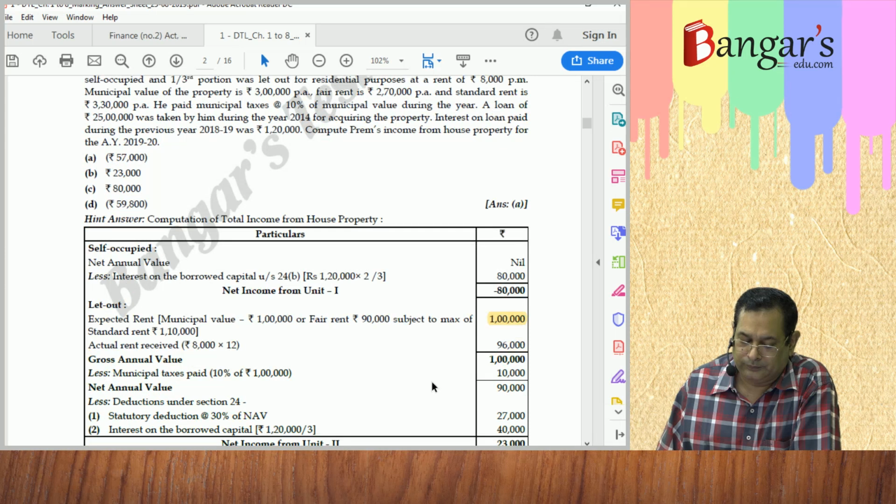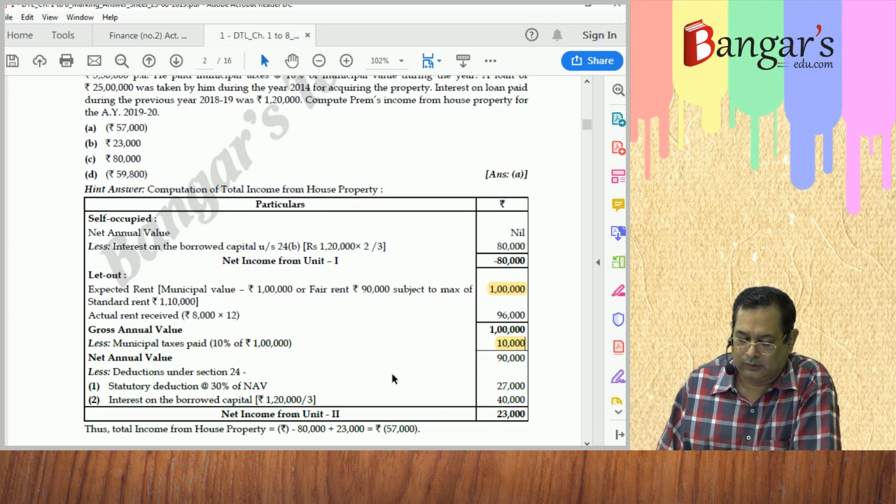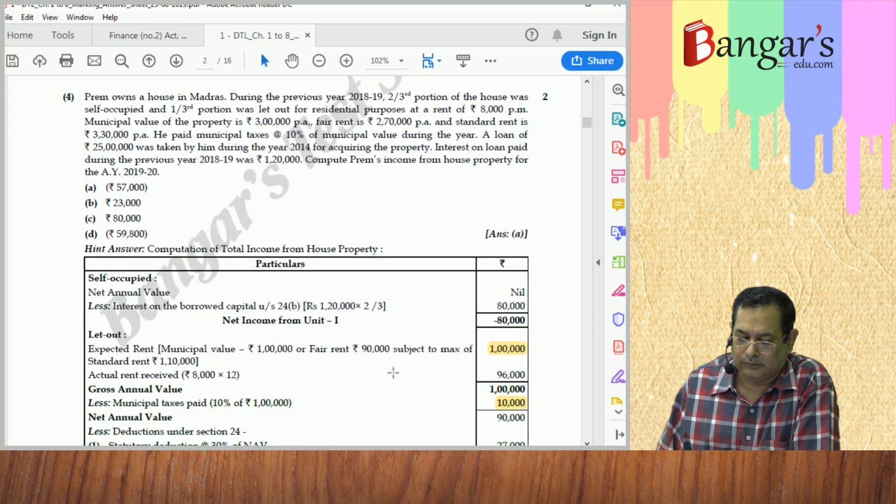And less whatever the municipal taxes paid, 10% of the municipal value has been the municipal taxes paid, the same will be allowed as deduction, and 30% will be on account of statutory deduction, and interest on borrowed capital.